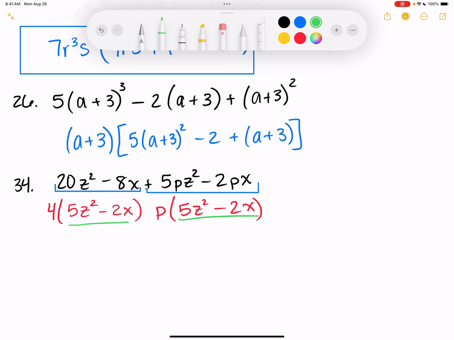If they're different, can't do it. If they're different, it usually means that you factored out something that was either too big or not enough. Sometimes you can't always take out the greatest common factor, but it has to be something less to make it look like the other side.